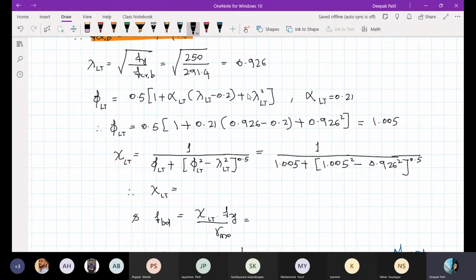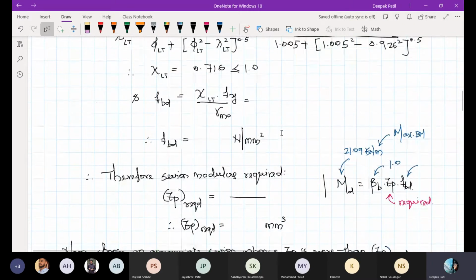From this, I can easily get the value of chi LT, which is coming out to be 0.716. And as per the code, it should be less than or equal to 1.0, and we have achieved that.